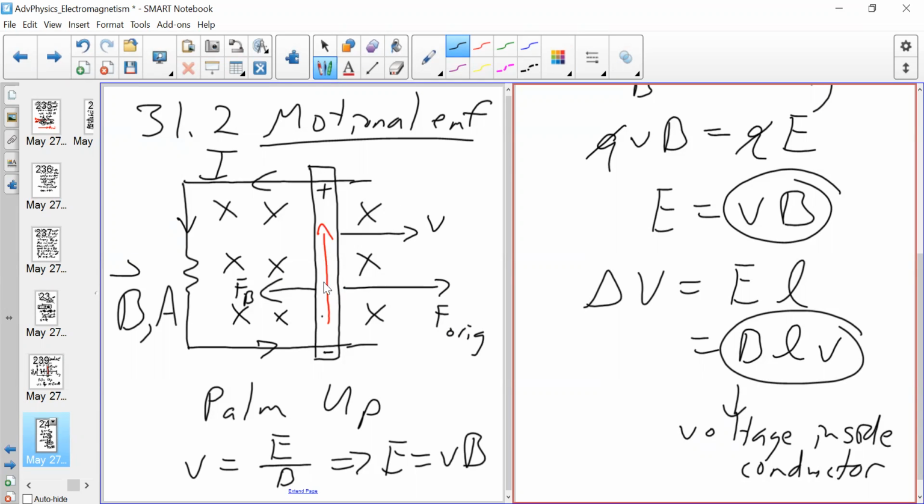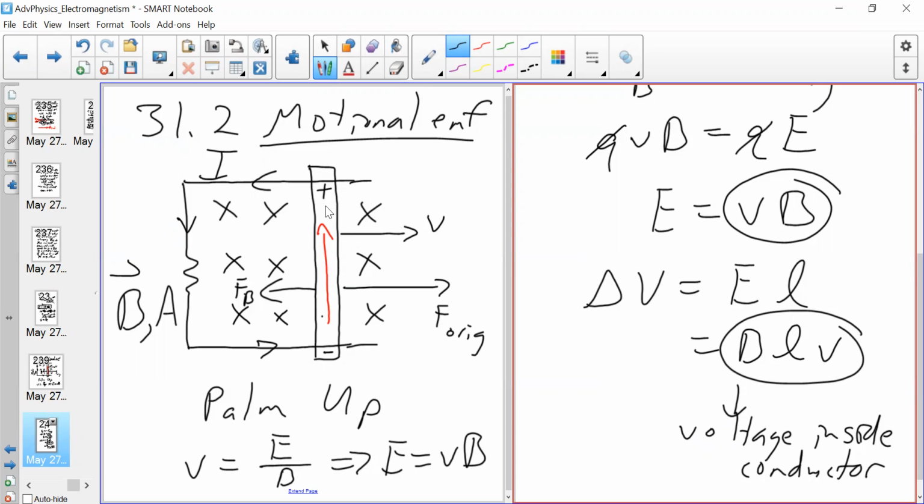We have a voltage difference inside the conductor, and the voltage that's created by this conductor as it moves through this magnetic field is going to be an EMF that's opposing the voltage within this bar conductor here.